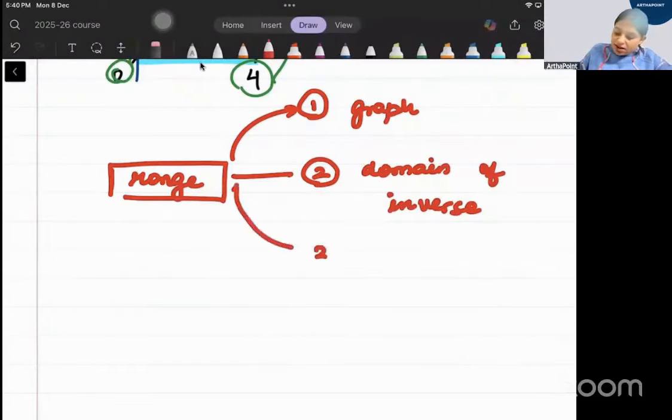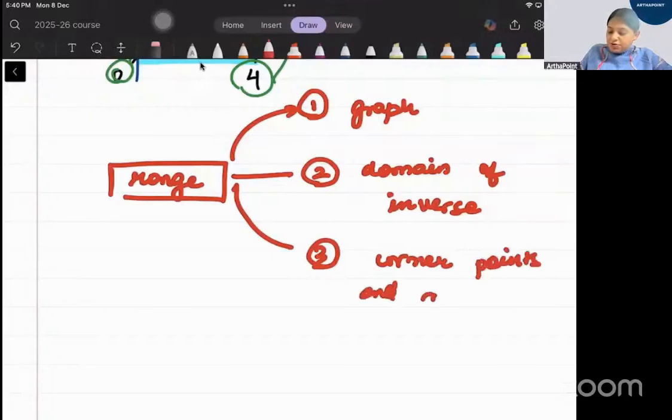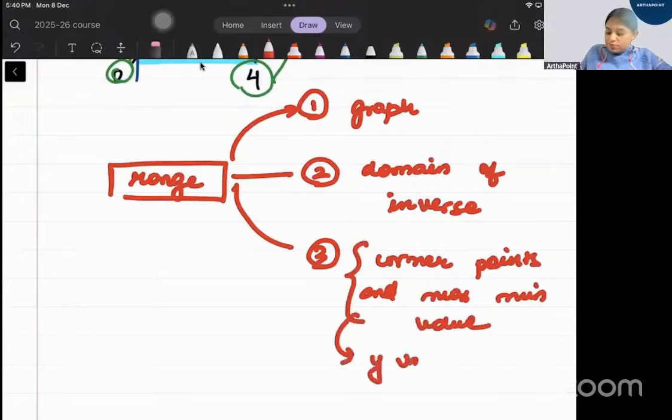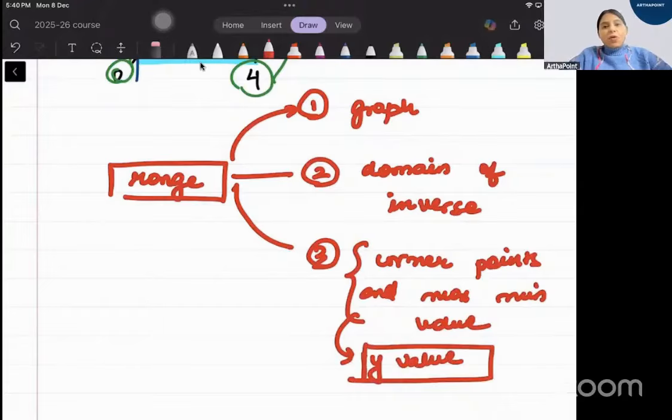And method 3 can be you find the corner points, like we did just now, and the maximum and minimum of the function to know the value of y. These can be the 3 ways in which you can go ahead and find the range of the function. Is it clear? Anyone, any other method you applied in this?